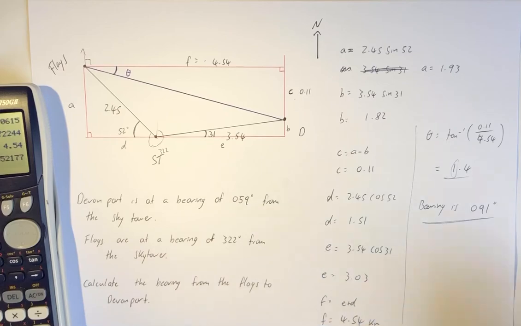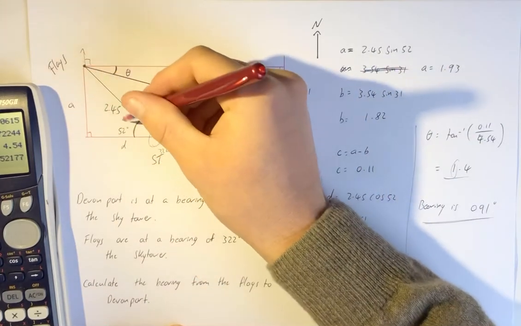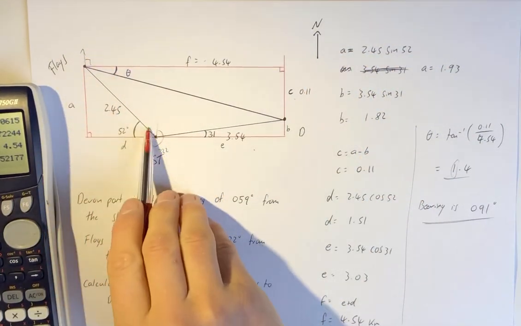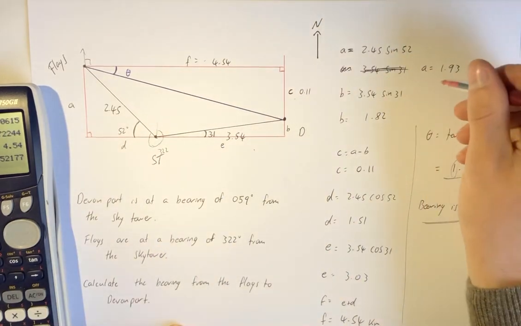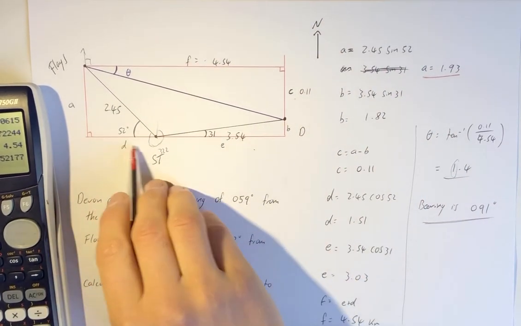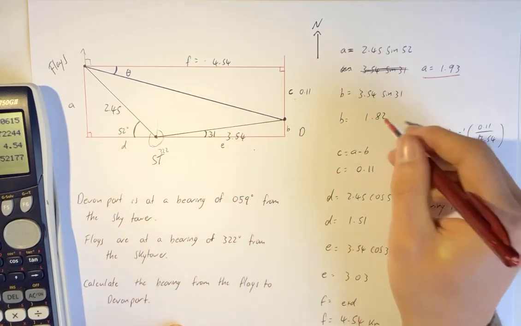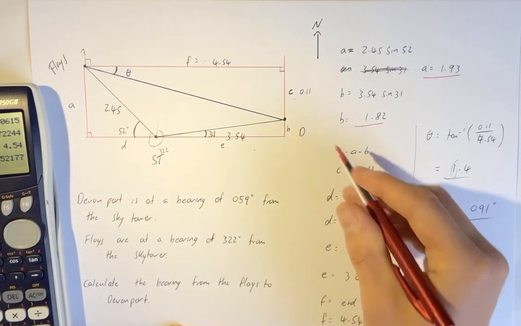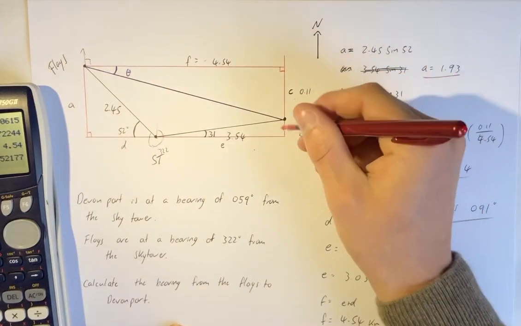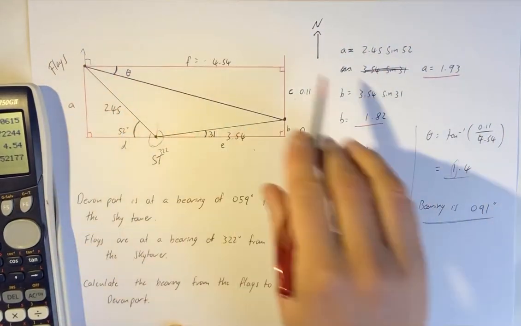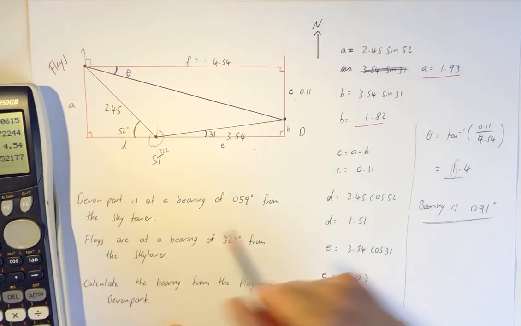Hopefully that makes sense. I'll break it down again. We calculated A using this triangle because we knew that length and the angle. We then calculated B with sine again. We then calculated C, because this is all right angles. We rectangularized the whole problem and just took it away.